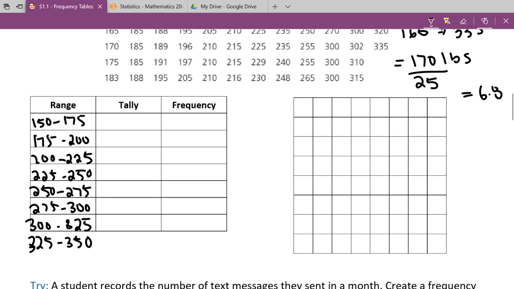So I'm going to calculate. I'm going to go through. I'm going to tally to help me keep count how many numbers are in between that range, right? Again, not including the highest number. 175 would fall into the second bin.